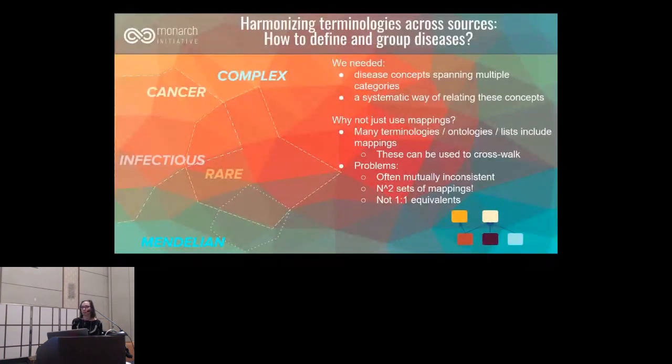So how do we harmonize this world? There are many different disease terminologies. There are complex ones: cancer, infectious diseases, rare diseases, Mendelian diseases. There are hundreds and hundreds of disease terminologies. And each one of those disease terminologies is used in all the ways that I showed on the prior slide. So if we want to aggregate the knowledge about these diseases, we need to figure out how to reconcile the diseases themselves.